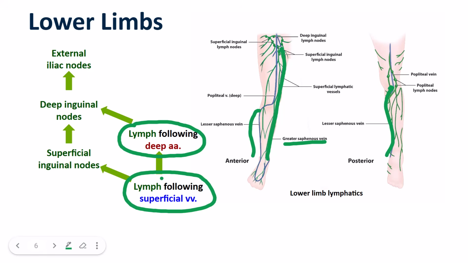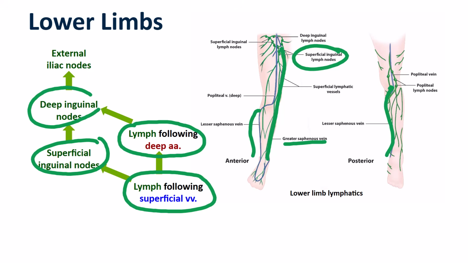So most of that superficial lymph is going through the great saphenous up to the femoral triangle to those superficial inguinal nodes. The superficial inguinal nodes feed into the deep inguinal nodes, the deep into the external iliac nodes.